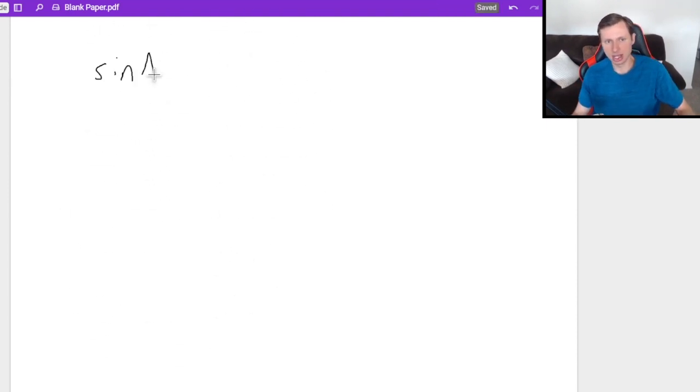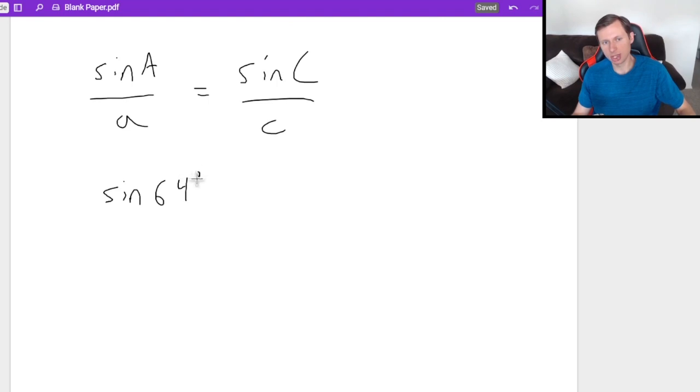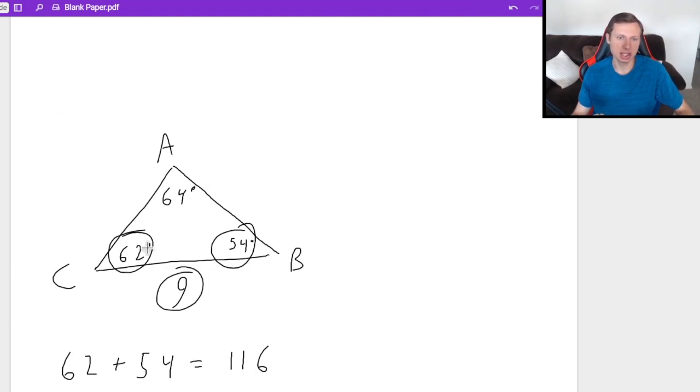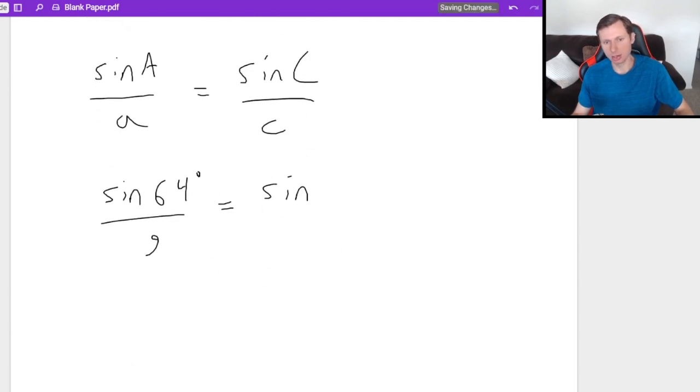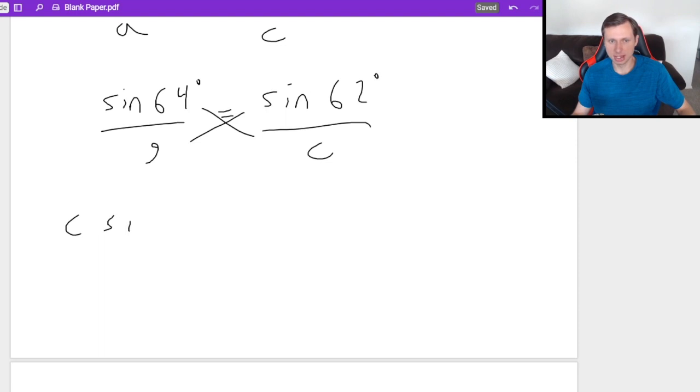Now we're doing sine A over A equals sine C over C. So the sine of 64 degrees over 9 equals the sine of, what was C? C was 62. So 62 degrees over C. Cross multiply for the last time today. C times the sine of 64 degrees equals 9 times the sine of 62 degrees.